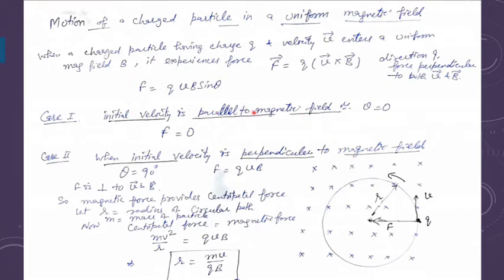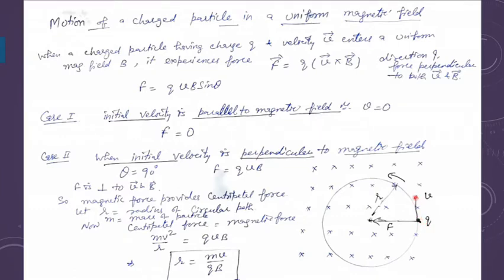Now the special case is if the velocity is perpendicular to the magnetic field. Magnetic field is acting inward, and we have shown it by crosses. Equispaced crosses simply show that the field is uniform, or I can show it by equispaced dots, which means outward field. Then you can find the direction of the force at every point.